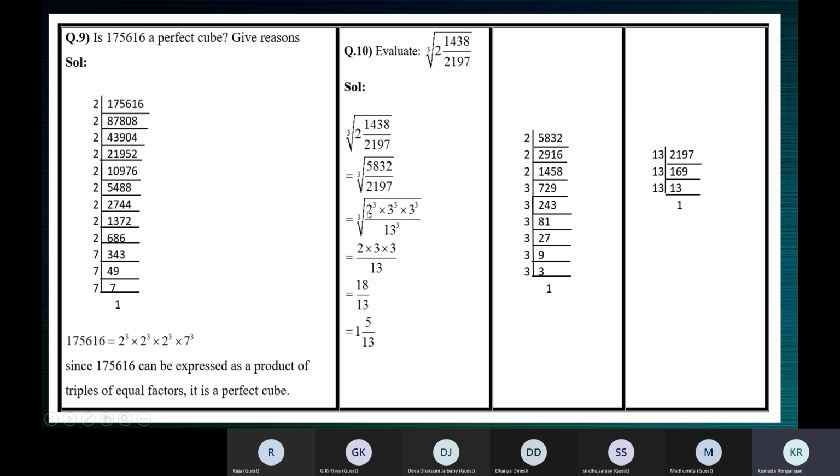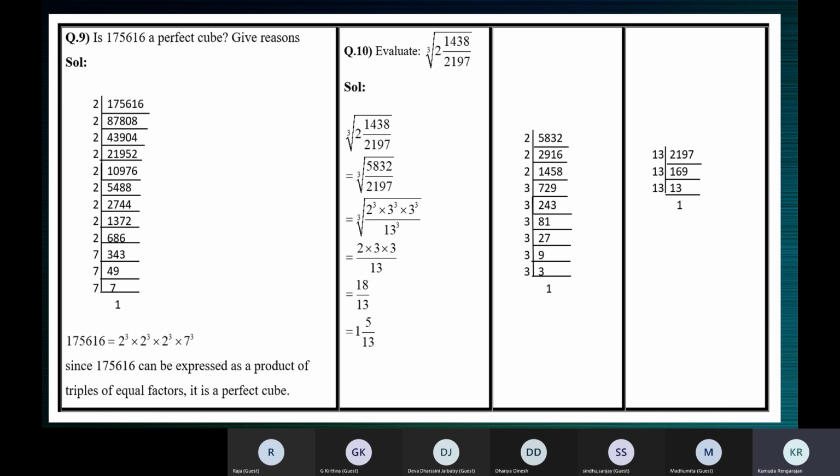Now from 3 2s, 1 2 out; from 3 3s, 1 3 out; from 3 3s, 1 3 out; and from 3 13s, 1 13 out of the cube root. So now this is 18 by 13. Because the given question is a mixed fraction, we leave this also as a mixed fraction, which is 1 5 by 13.